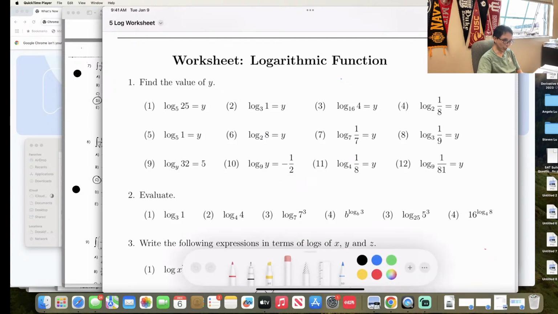So what you can do is draw a sideways heart. So convert to exponential form. So it'd be 9 to the negative 1/2 is equal to y. Well, that's equal to 1 over 9 to the 1/2. Does that make sense? That's equal to 1 over 3. And there you go. You got it. The answer is 1 over 3.